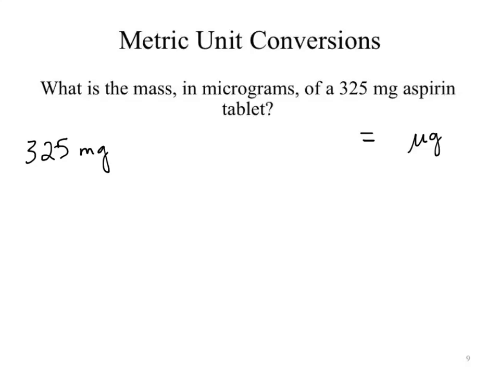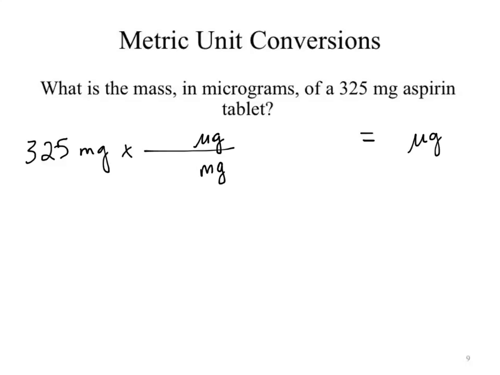So our next attempt is to come up with that conversion factor. My first pass at it: I want to get rid of the milligrams, so those need to go in my denominator, and I need micrograms in the numerator. Now I go back and think, is there a direct relationship between these two?